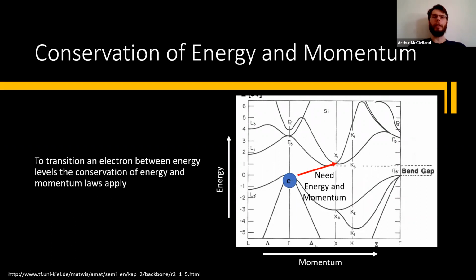And so to account for that conservation of momentum, we need to couple into a phonon, which is why I introduced the idea of phonons at this point. So we can couple into energy and momentum, and then we can transition diagonally along this band diagram. So we can still have conservation of energy and conservation of momentum hold. So that would be for transitions up.